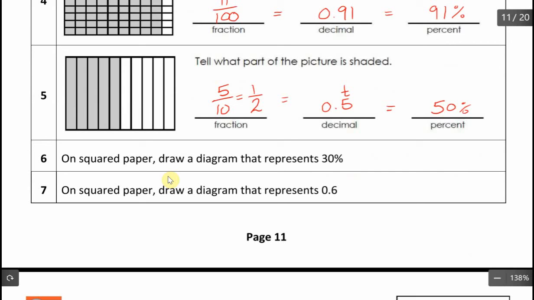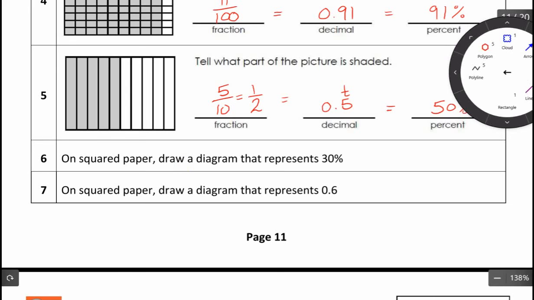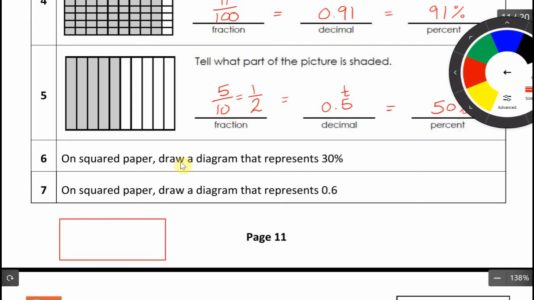And it says draw a diagram that represents 30%, so I'm just going to do it down here. So let's start with a rectangle. Rectangle is probably the easiest one to do. I'm going to cut it into 10 parts. I'm going to start by cutting it in half, and then each of those halves into 5.